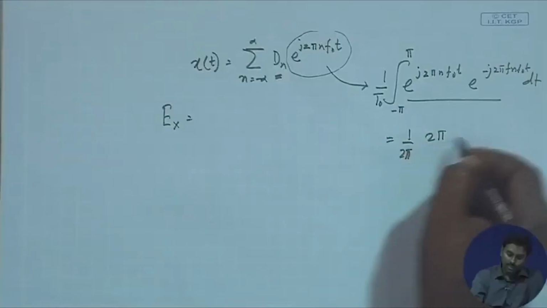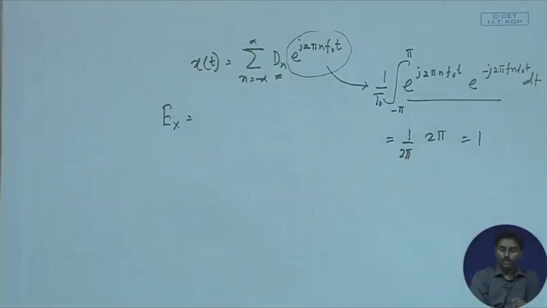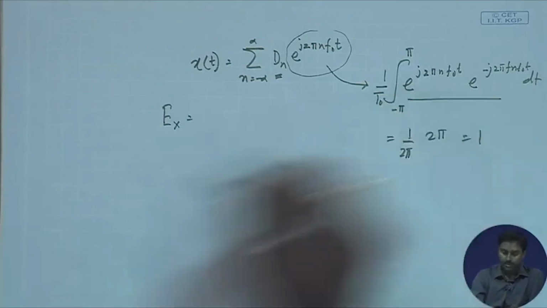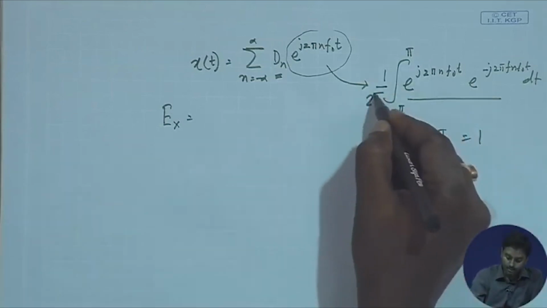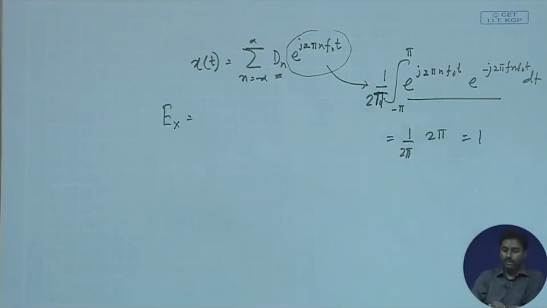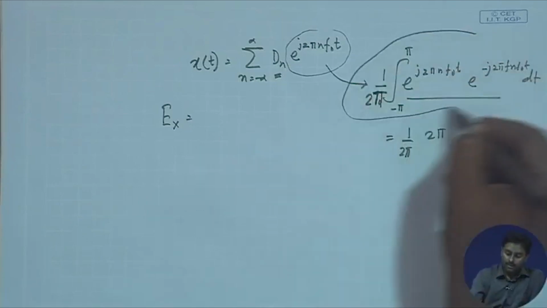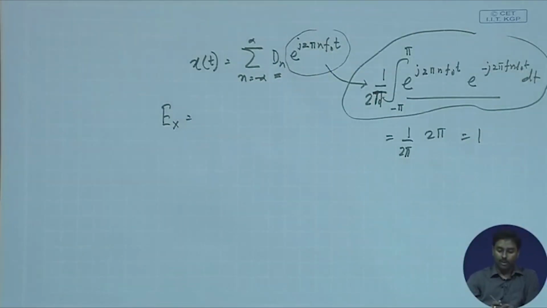So, that 1 by T0, which is 1 by 2 pi, will come, and this will give me 1. So, that will always give me 1. So, I have to evaluate the energy this way, 1 by 2 pi, integral from minus pi to pi, and I get the individual energy of those signals as 1. So, this is something I get.